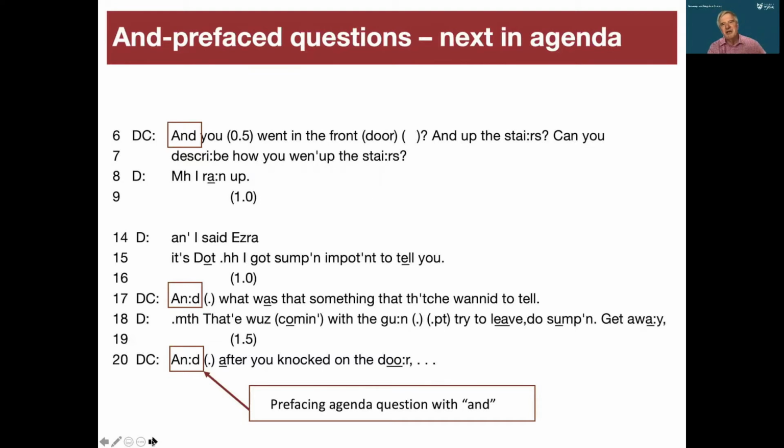If we have an agenda of questions, kind of routine questions, like "and what's your name and what's your husband's name?" I'm thinking of health visitor interviews. The health visitor asks, "And what's your name and what is your husband's name and how old are you," etc. You get questions which are "and" prefaced. They mark this as just innocuous, neutral.